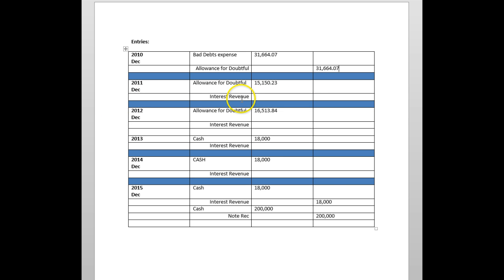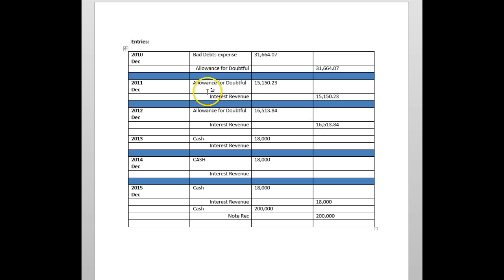Now you're coming up and you're doing interest revenue. Now we're on 2011. The loan is still good. It's just being deferred. So this is going to show a revenue of that first interest payment that's missed. This is going to be the second payment that's missed. You're still setting up as if you were receiving this as revenue.